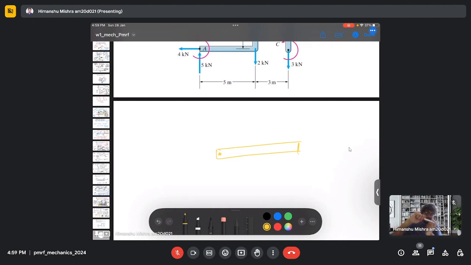Because of this fixed joint, there will be the same moment here, which is restricting the pen from turning. So if my pen is not turning and I am applying the moment, the same moment will be here also, and the same moment will act in this direction.